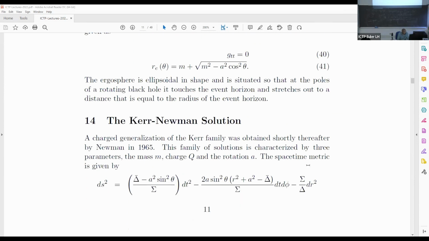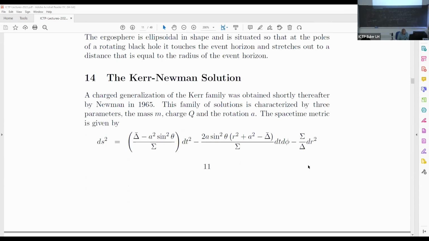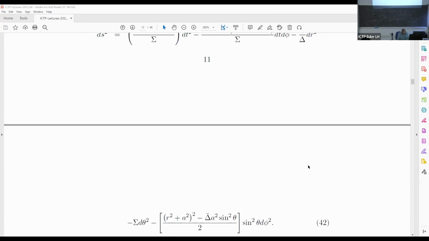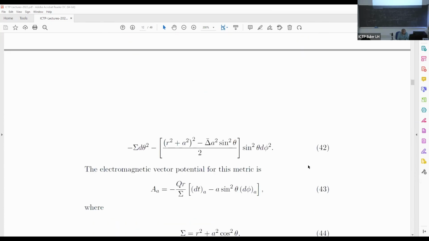Another solution is the Kerr-Newman solution. Kerr-Newman means this is the Kerr solution with the addition of a charge. So we have added charge only to this. In the Kerr, there was only a, the rotation parameter. In the Kerr-Newman, you can see that there's a Q also appearing here.